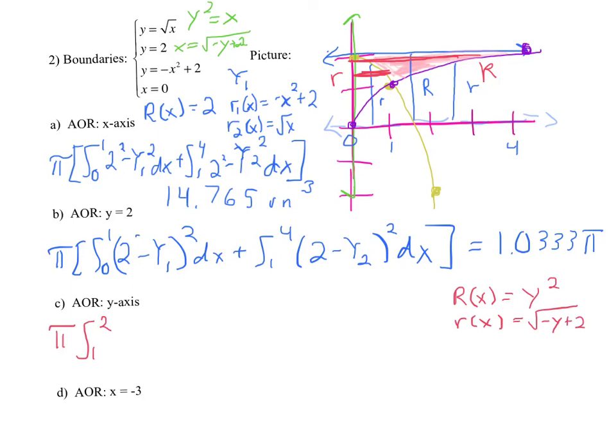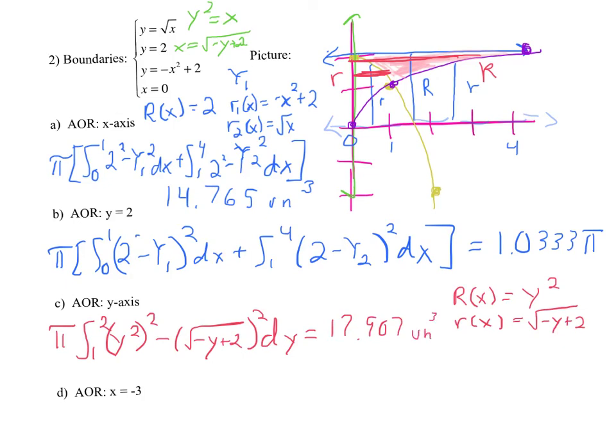So we have y squared squared minus the square root of negative y plus 2 squared dy. And when we plug that into our calculator, we should get 17.907 units cubed.